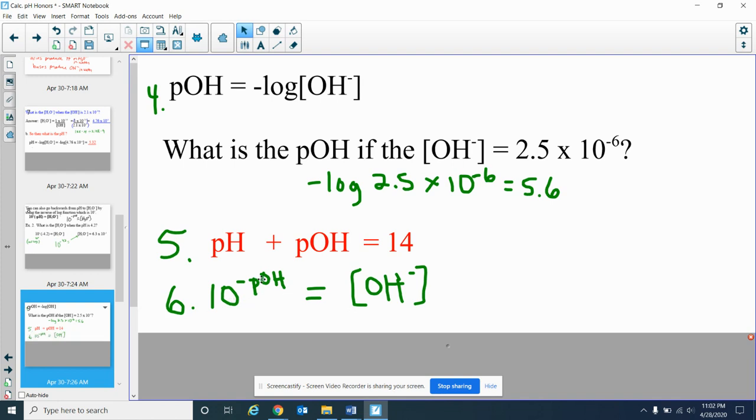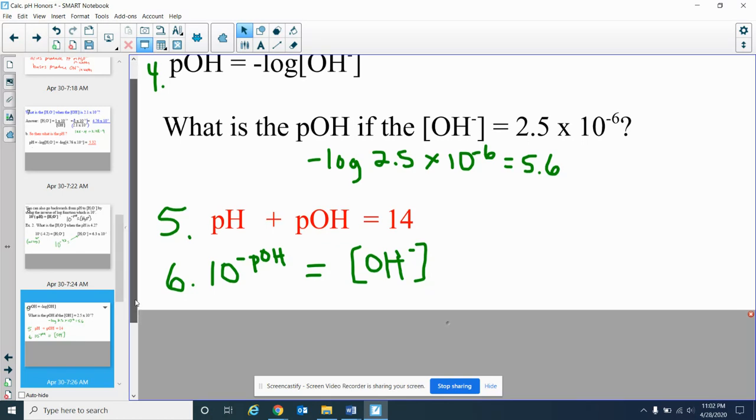And in the same way, if you were only given pOH, you can take 10 to the negative pOH to get the OH minus concentration. So with these equations you can get from one thing to the other in different ways, but you do need to know these equations.